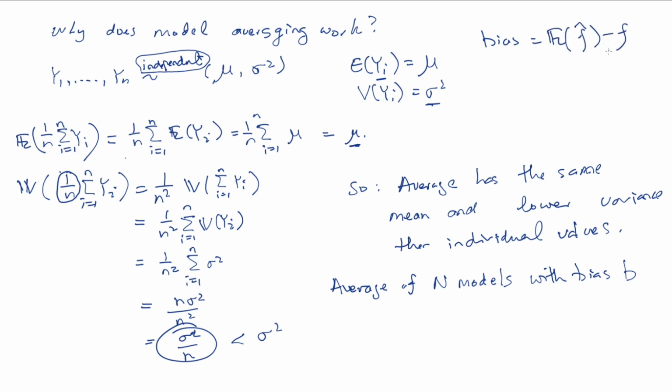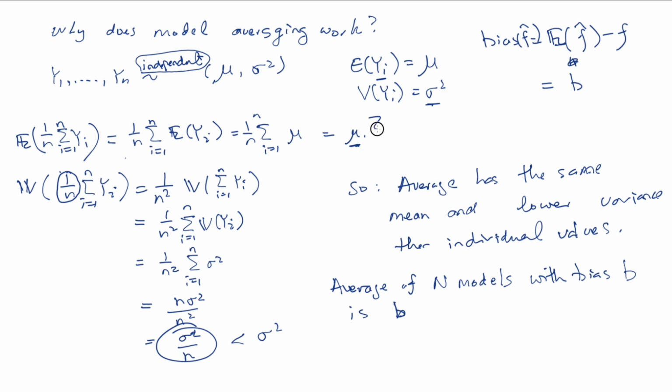If the bias of f hat is just equal to some number b, then the bias of the average is also b, because the expectation of f hat is going to be some number, and the expectation of the average of a bunch of f hats is also going to be that same number.